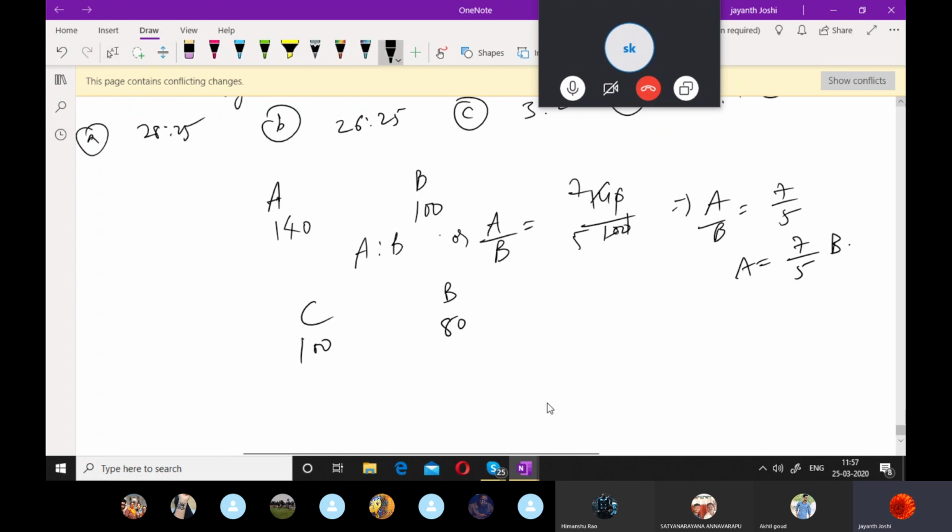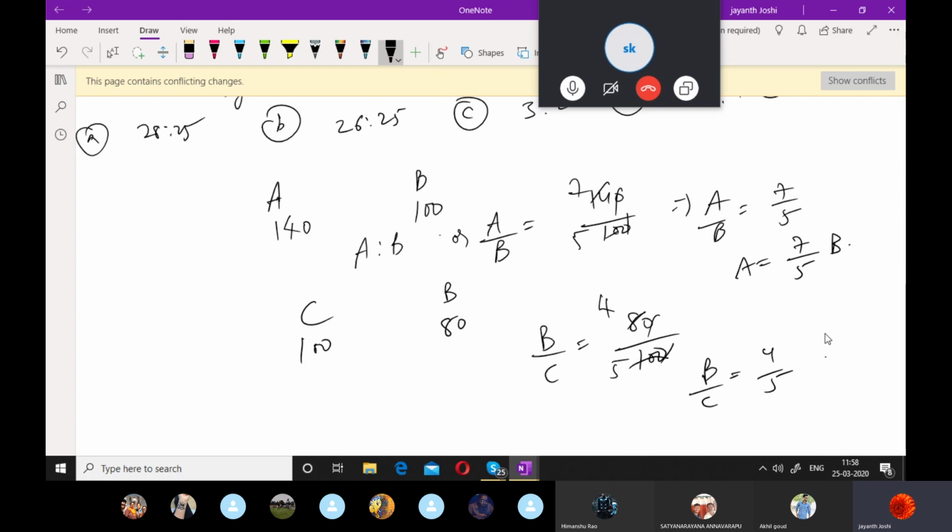Next step would be B by C is equal to 80 by 100, which is 4/5. But we want C value here, because we need to find out A is to C.